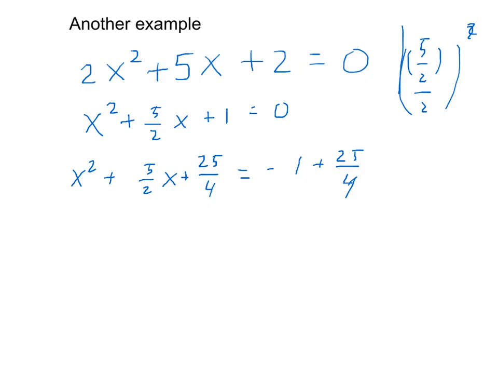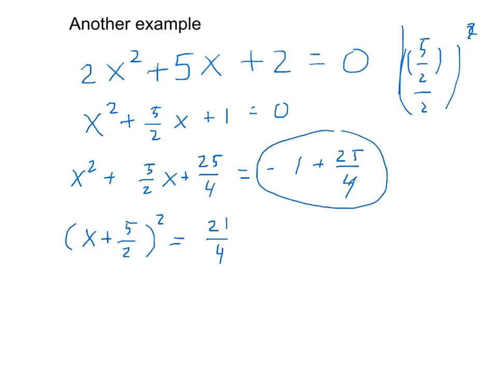Okay, so then we can rewrite the left-hand side as x plus 5/2 squared equals 21/4. I just simplified this and wrote it as one fraction. Now we have this as a square, so we can square root both sides.